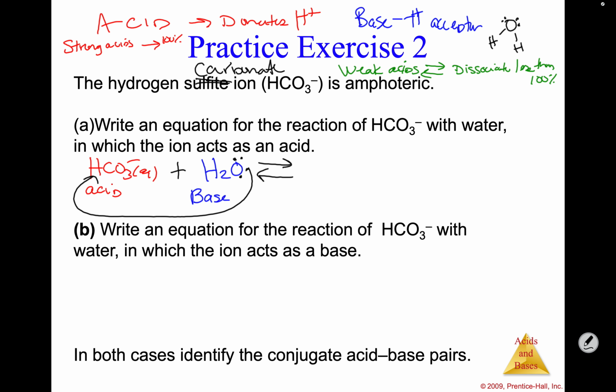So then what does HCO3 minus turn into if I lose a proton? Carbonate. And now this would be called our conjugate base of HCO3 minus. An acid to a conjugate base, they're related by an H plus. And then, what does the water turn into? What did water do? It accepted a proton.